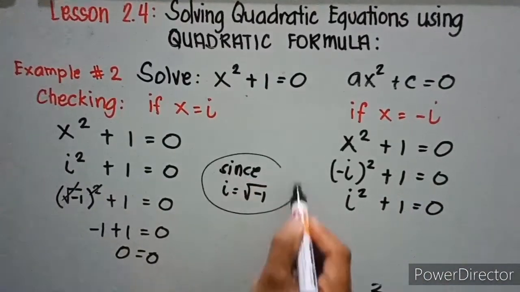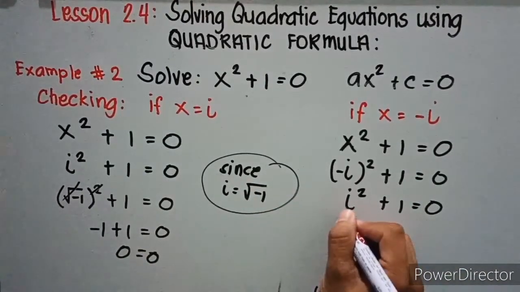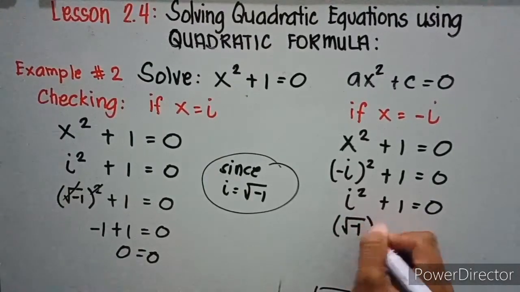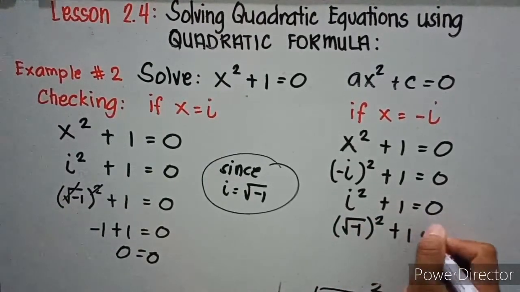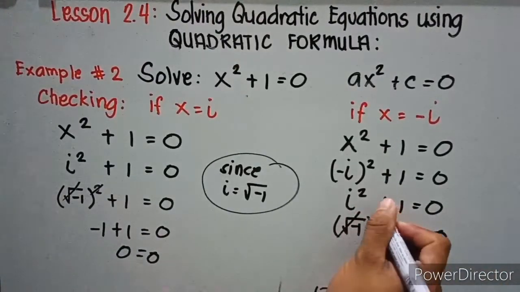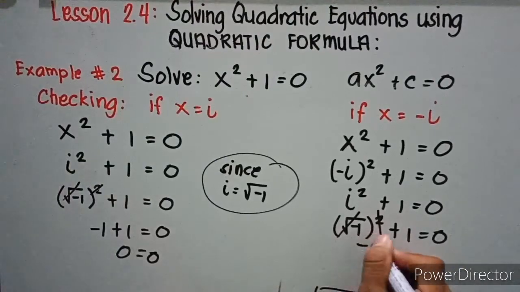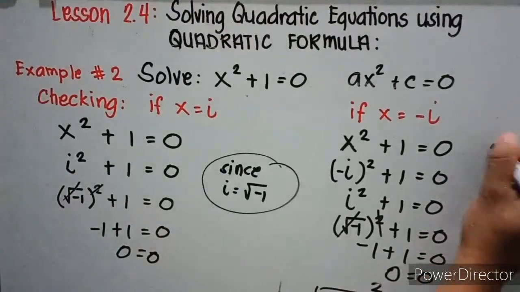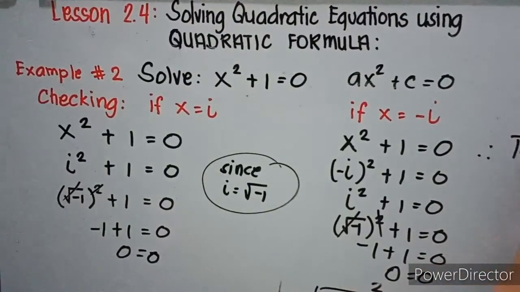Since i is equal to square root of negative 1, that is square root of negative 1 squared plus 1 is equal to 0. So we cancel the square root, cancel the square. So we have negative 1 plus 1 is equal to 0. So negative 1 plus 1 is 0, is equal to 0. So therefore, the solution is i and negative i.